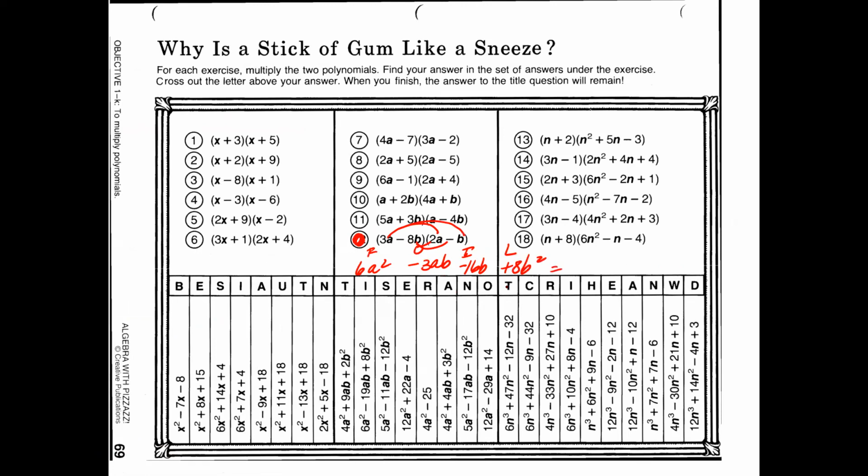Now, which answer is going to match that? So I'm going to look for 6a squared minus 3, and I don't see it. Okay, so 6a squared... Oh, you know why? Because I forgot an a right here.